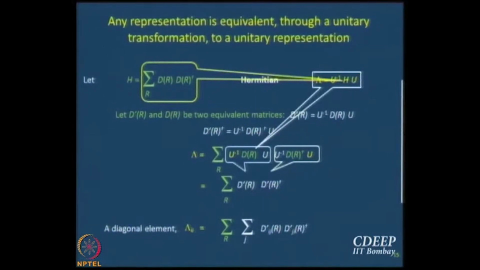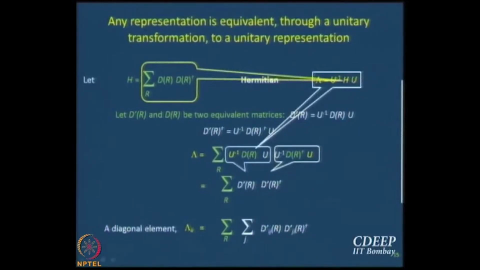Let us see what is lambda 1 1. What is lambda 1 1? d 1 1 prime r multiplied by d 1 1 prime r dagger plus d 1 2 prime r or d 2 1 prime r? d 1 2 prime r, right.